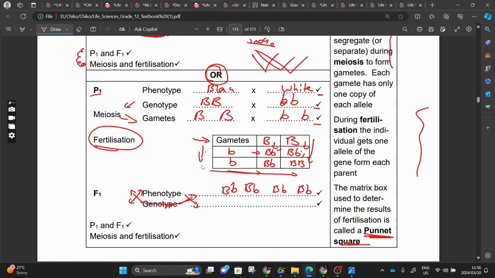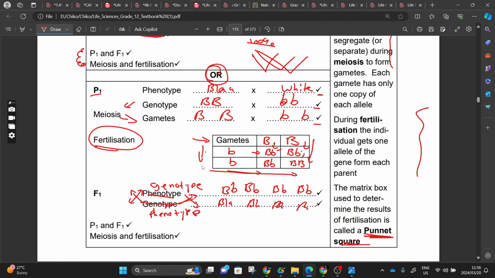Then here we'll write the phenotype, and then here you'll write the genotype. This phenotype will help you to say I'm explaining what is up there. Big will win: black, black, black.